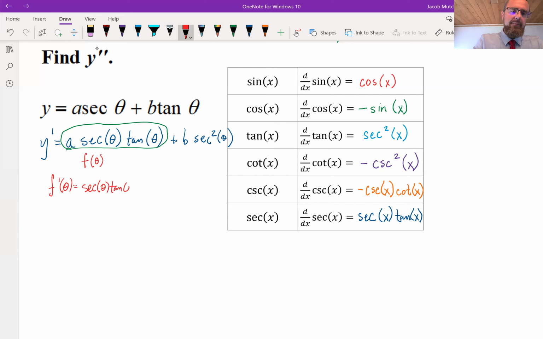And then for my second part, I'll identify small g of theta as tangent theta, which means the derivative of g at theta is going to be secant squared theta.